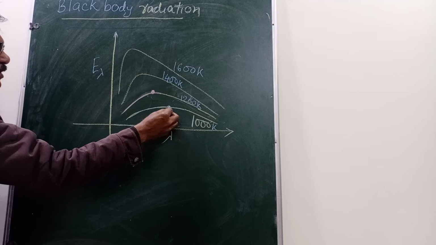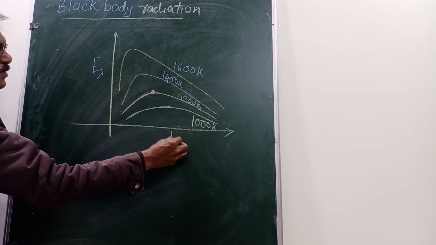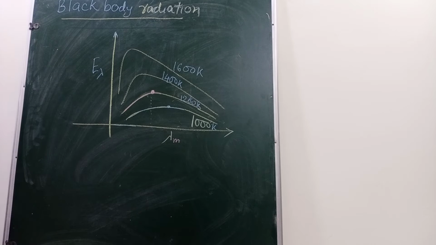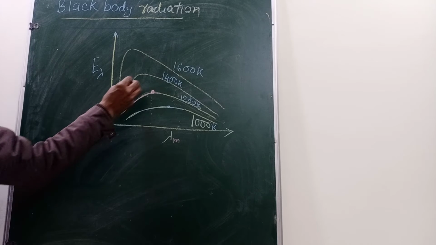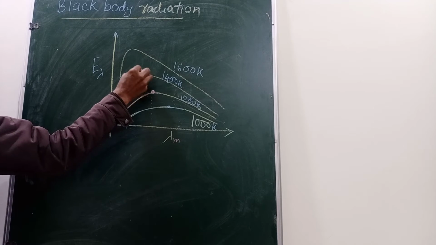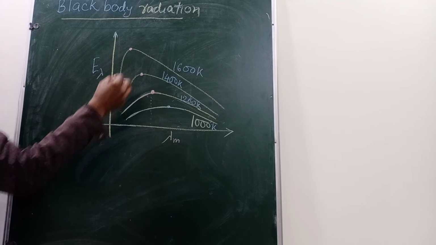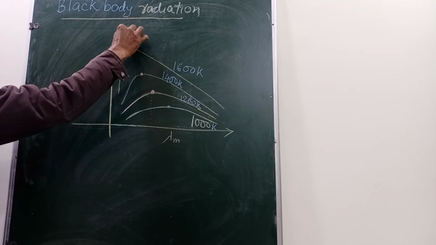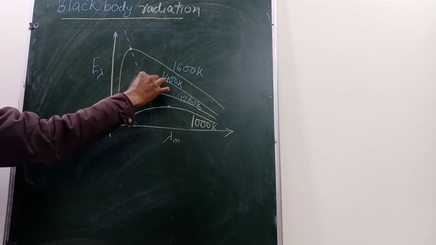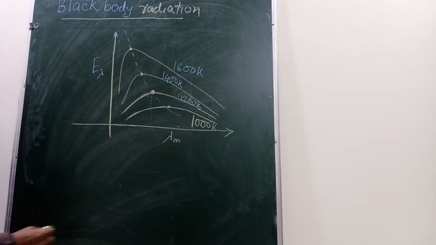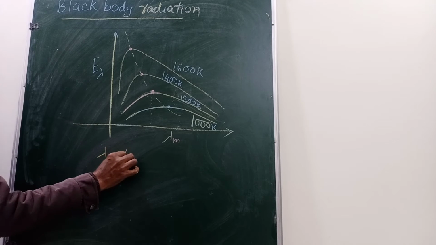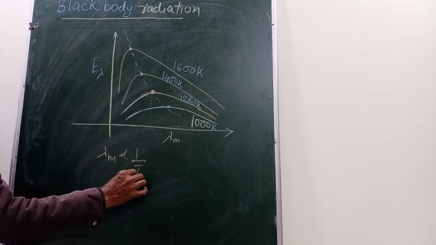Earlier this was the wavelength lambda m, now lambda m is here, then further it is here, then here. If we join all these points, we find that lambda m is proportional to 1 by T.